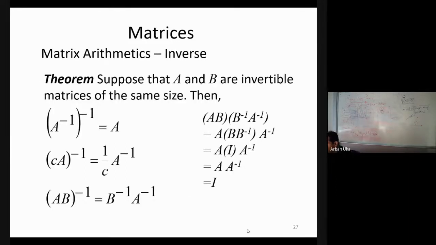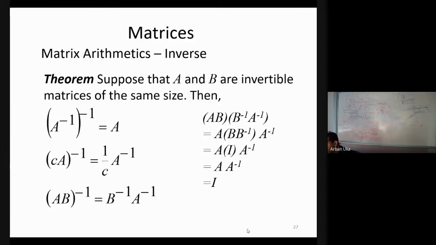And we have also some properties, such as the inverse of the inverse of a matrix is the original matrix. This can be proven, it's easily proven. And what is also interesting is the third identity here, which is that the inverse of A times B is equal to B inverse times A inverse. Okay?